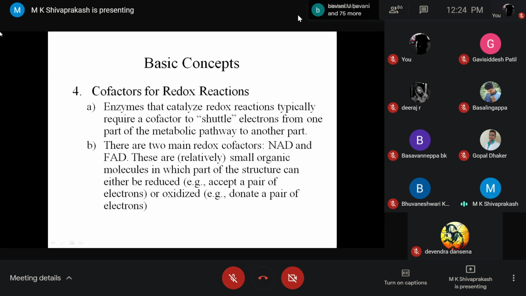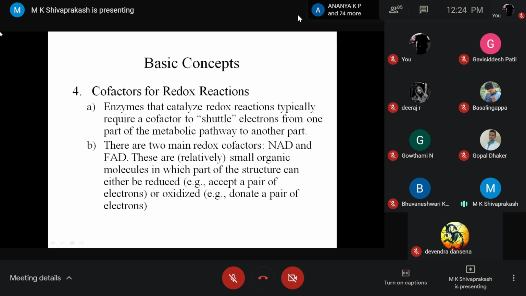These are relatively small organic molecules in which part of the structure can be either reduced or oxidized. For example, NAD is the oxidized state, and NADH, NAD plus H, is the reduced state.